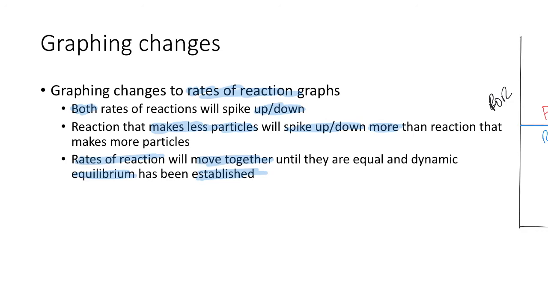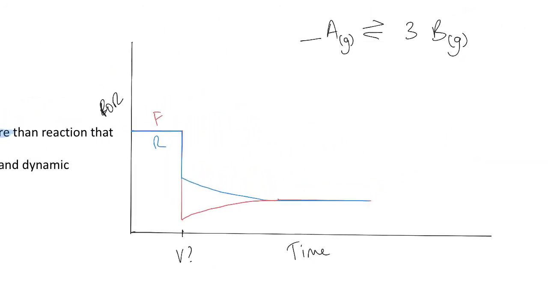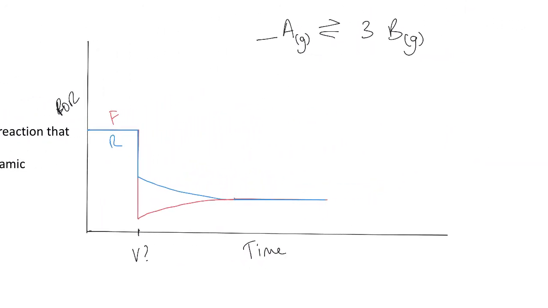So let's have a look here. Here's the rate of reaction graph. The forward and reverse rates of reaction started equal, and then something happened. Both the forward and reverse rates of reaction decreased. What kind of volume change causes both the forward and reverse rates of reaction to decrease?